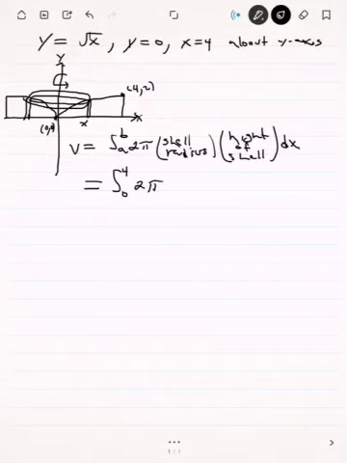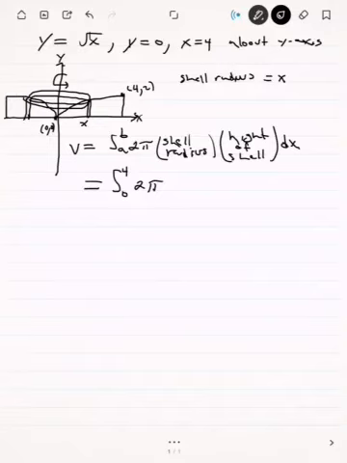The shell radius is just how much we measure from the center of the shell to the vertical line x. So in this case it would be just x, or x minus the axis of rotation, x minus 0, which is still x.